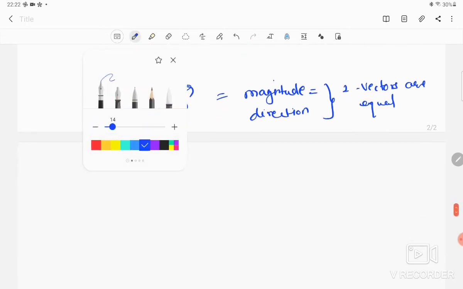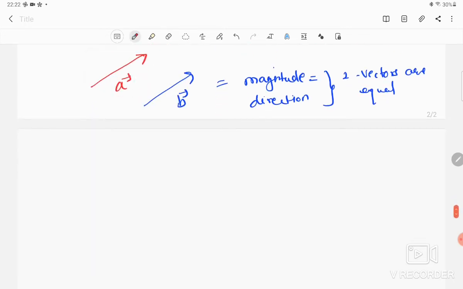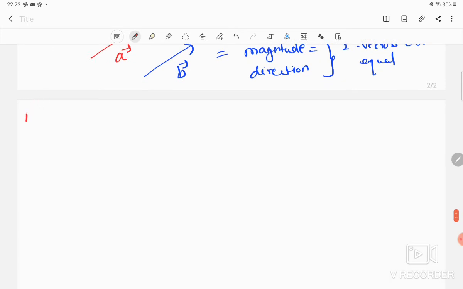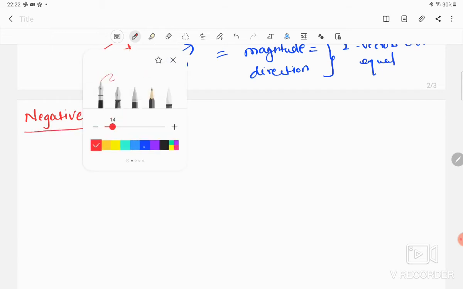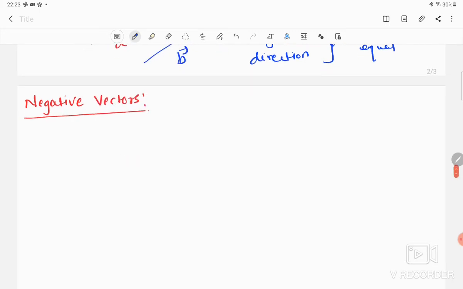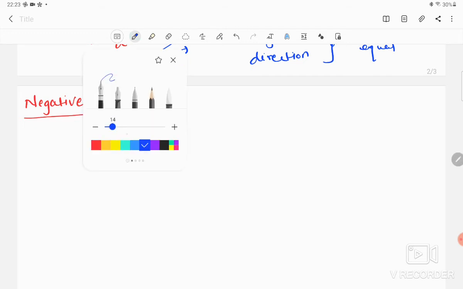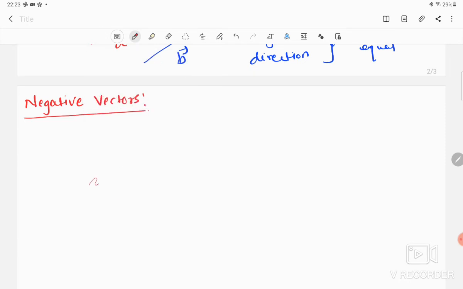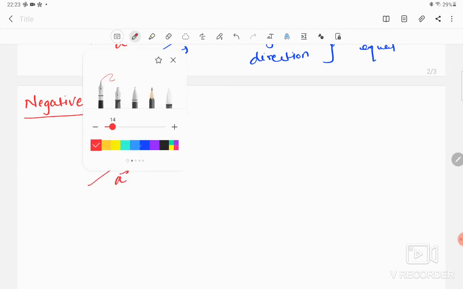The next type of vector is negative vectors. The definition of a negative vector is really simple. A vector is said to be the negative of another vector if they have the same magnitude but the opposite direction. Suppose this is a vector and this is another vector.